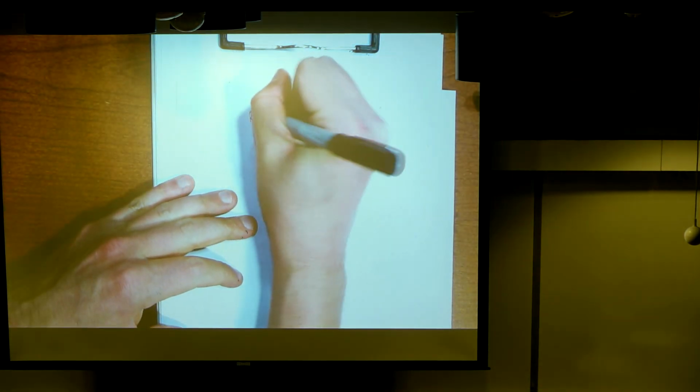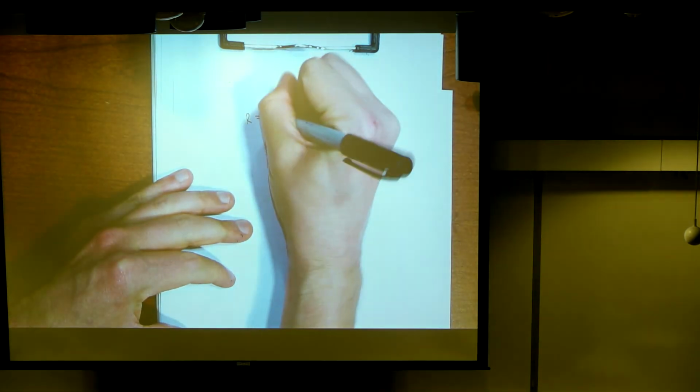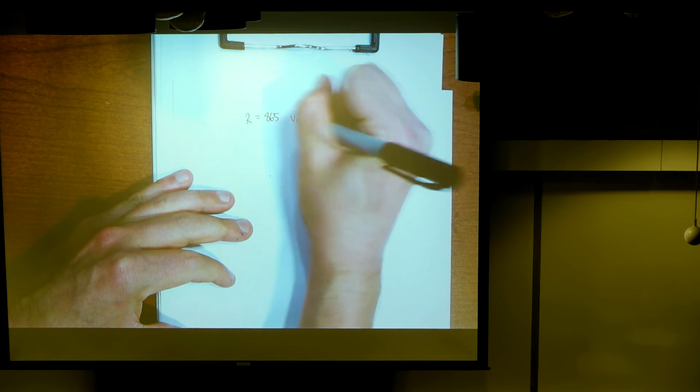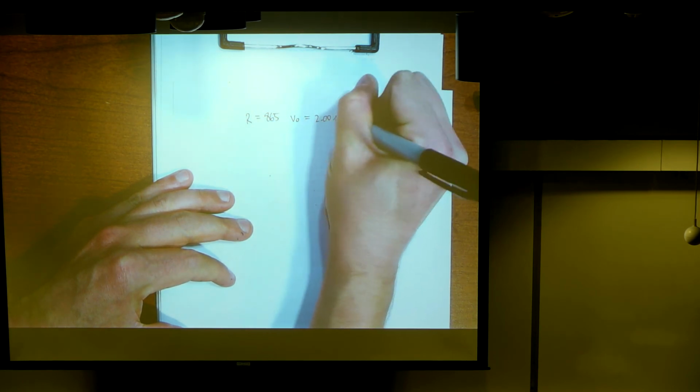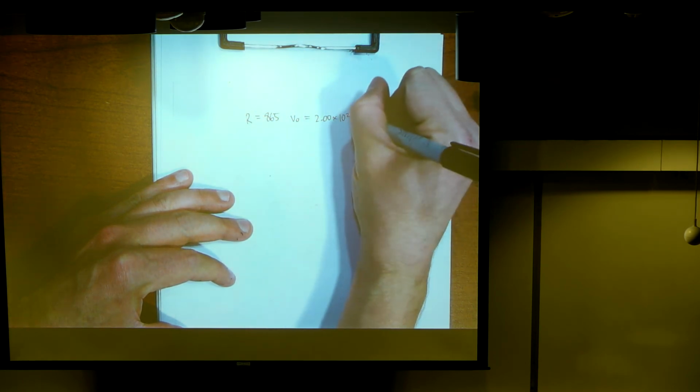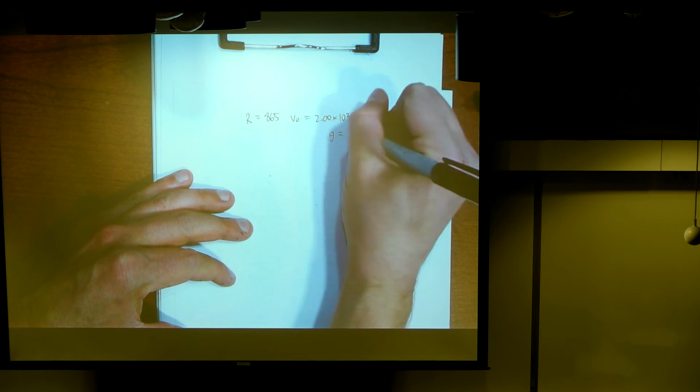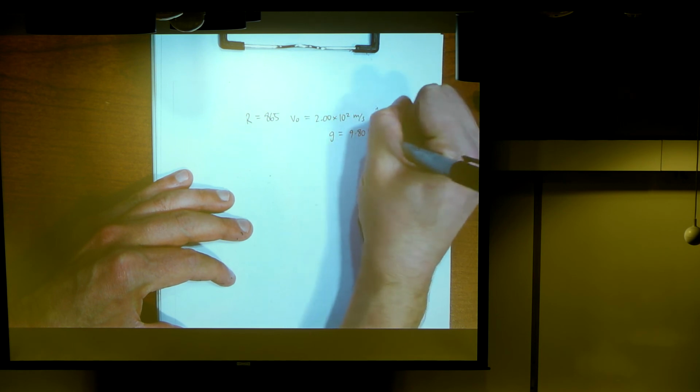Okay, here we have r equals 865, v naught equals 2 times 10 to the 2 meters per second, and then g, of course, 9.8 meters per second squared.